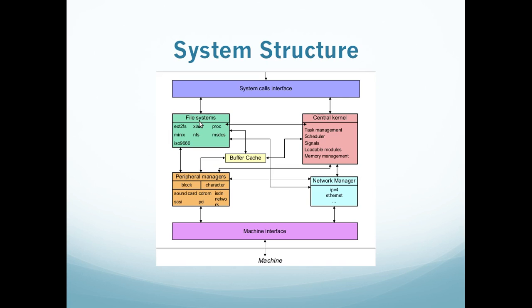This whole set of kernel modules has a central kernel, which we call the base kernel. The base kernel manages the processes, schedules them on the CPU, manages the signals, and manages the memory. We call it the base OS kernel.